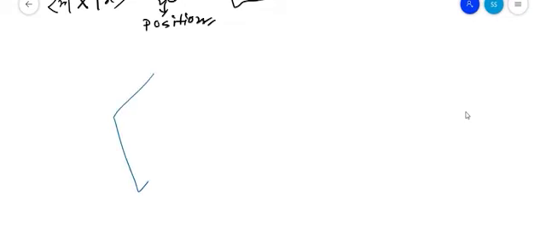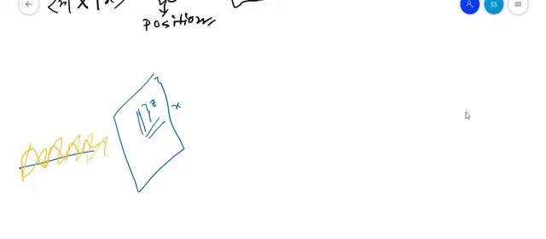Let's think of a polarizer, and it can polarize light in the z and the x axis. Is it x? Yeah, let's call it x. And let's say you have light coming like this in all frequencies, in all the ways, randomly oriented.